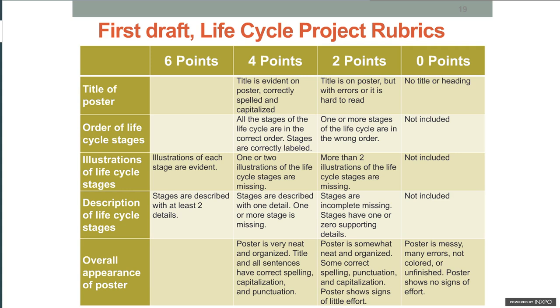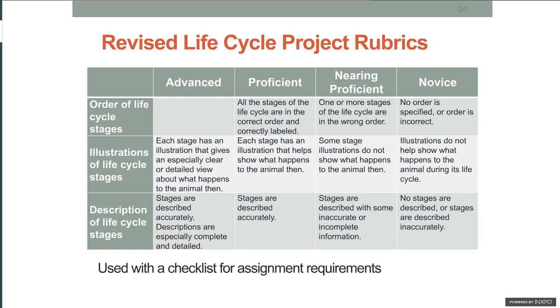So we revised these. We changed the scale for reasons that aren't particularly relevant here. We kept the 3 criteria that actually had to do with understanding the life cycle of an animal. And we changed the performance descriptions so that, for instance, now the illustrations show what happens to the animal.